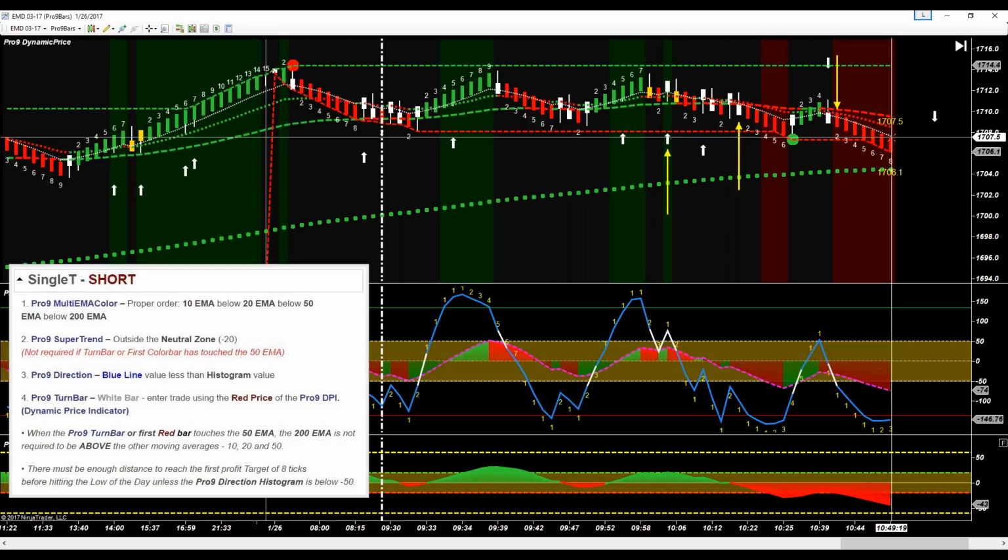But it does have the advantage of letting you take part in as much of the run as possible. A few things I do like about it is it lets us ride over any wicks or tails that appear on the run. And it makes the runner much easier to manage, I think, or just more simple as each new bar plots.